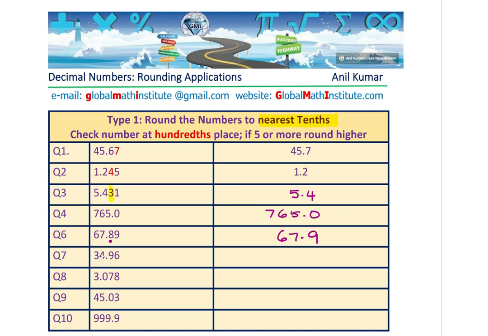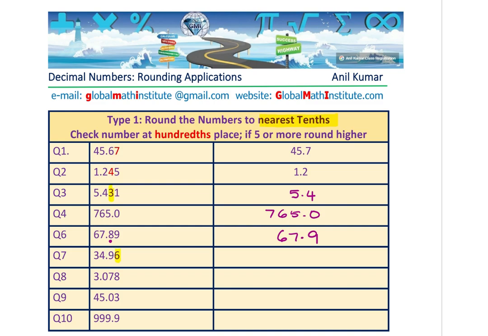Now question number 7, 34.96. Now if I am going to check the number which is after the 10th place, that is the number 6, it is more than 5, and therefore 9 will become 10. But how do I write 10? That's a big question. See, 34.9, what comes after that? 35.0. You get an idea, right?